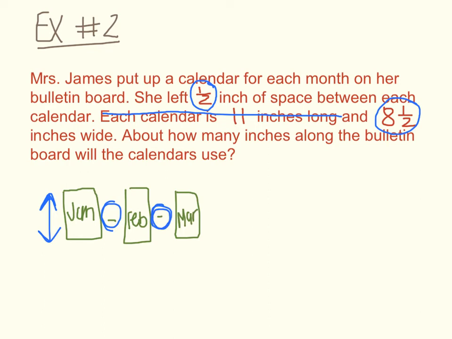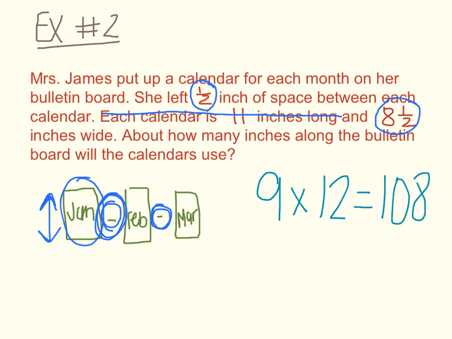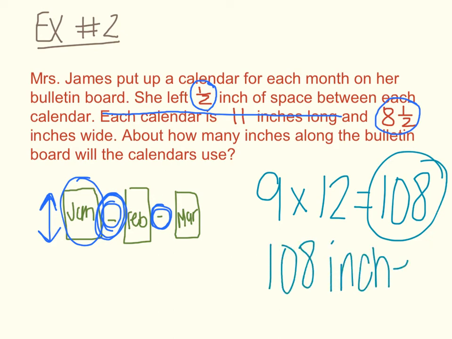So if we add that 8.5 for the calendar, plus the 1/2 inch of space, that gives us 9 inches. So we have about 9 inches for each month. And we know that there's 12 months in a year. She's going to have 12 calendars. So we're going to do 9 times 12, which is 108. So it will be about 108 inches along her bulletin board.